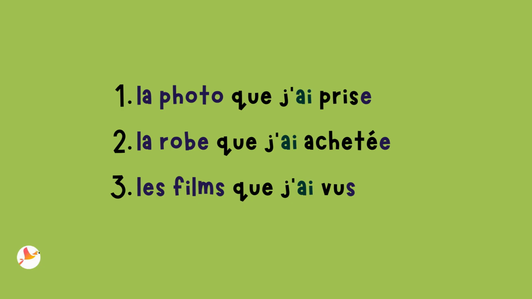In these cases, we have agreement between the past participle and the direct object. Okay, la photo is feminine, so we add an e to pris. La robe is feminine, so we add an e to acheter. Les films is plural, so we add an s to vu. In all three cases, the helping verb is avoir. The original rule says there is no agreement, but we are dealing with the exception.